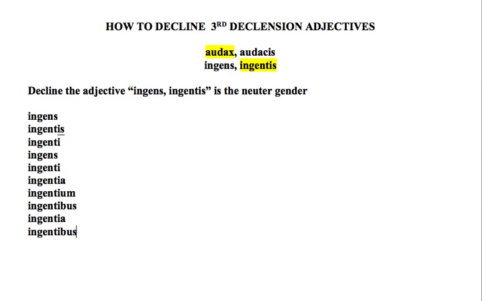So this is what the adjective ingens, ingentis will look like when it is declined in the neuter gender.